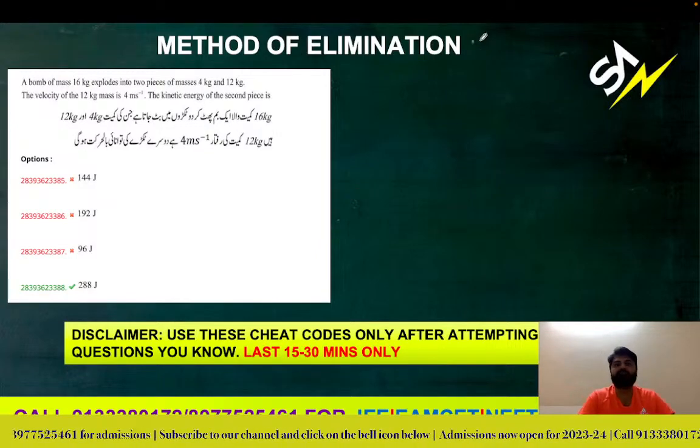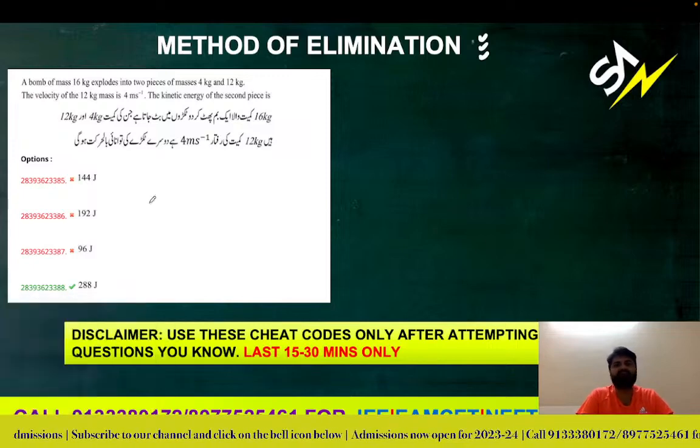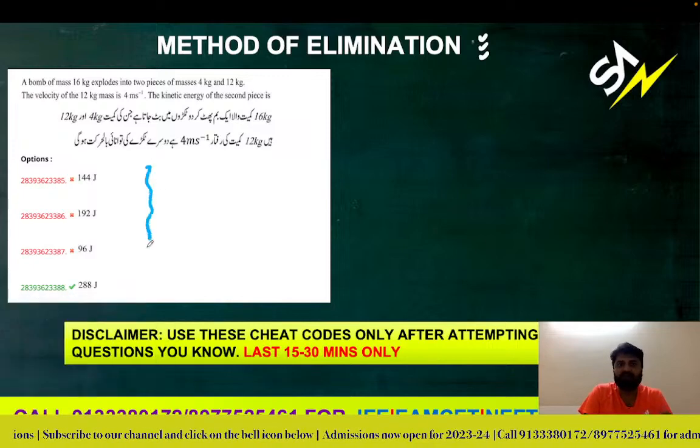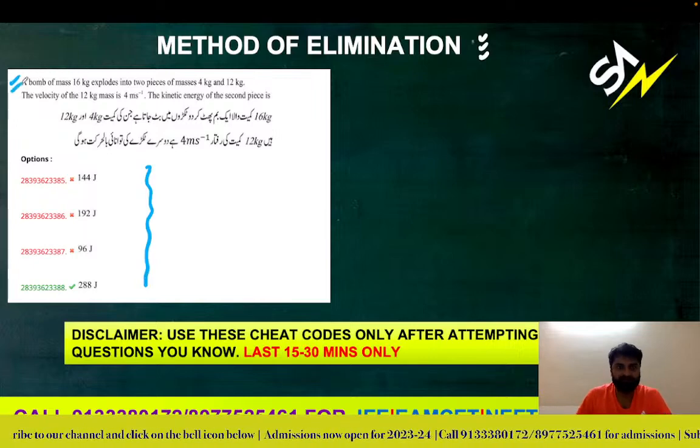The first method is method of elimination. This is actually a very simple method. Method of elimination means, suppose you have a question. I'm just giving you an example.